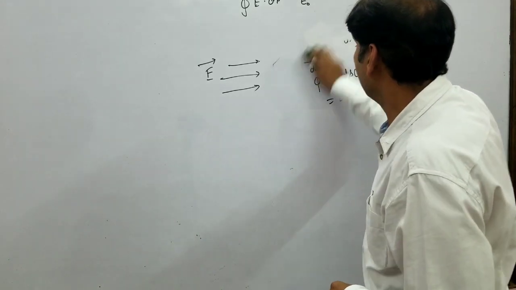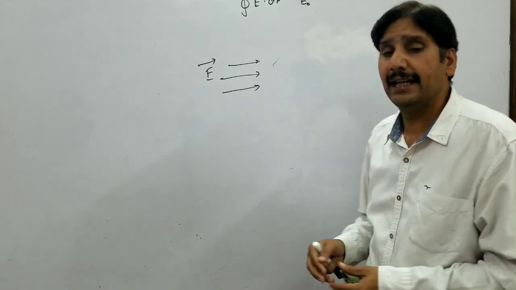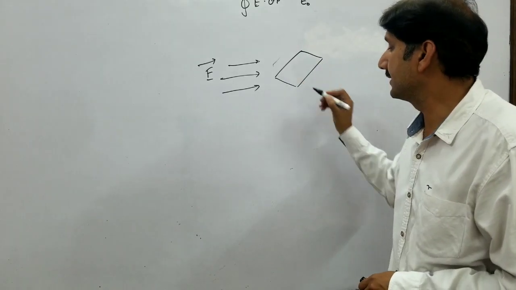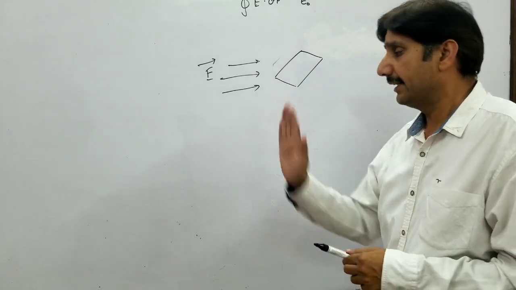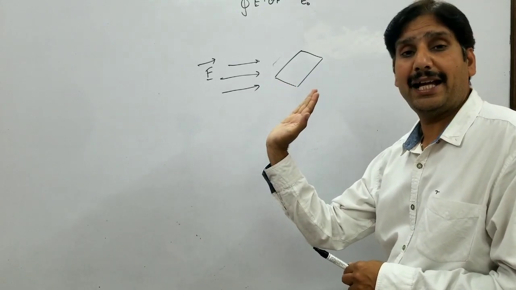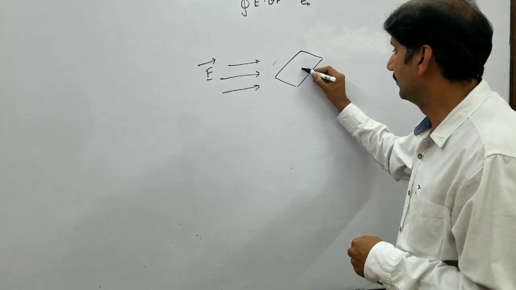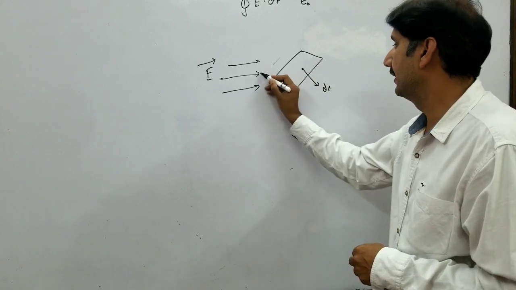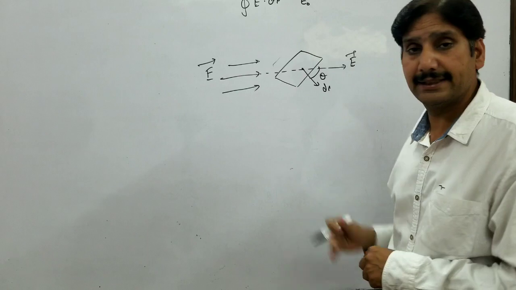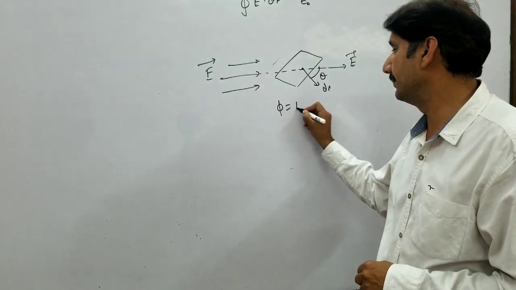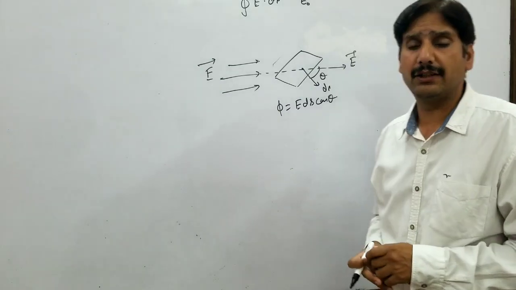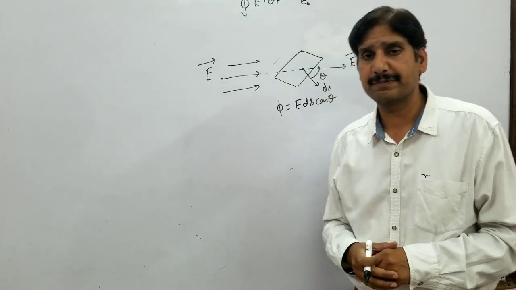For example, had the same area been held not perpendicular to the field lines but at some angle, you will find dS and its angle with the field lines. The total flux would be E dS cos theta. This we have done already in our previous lectures.